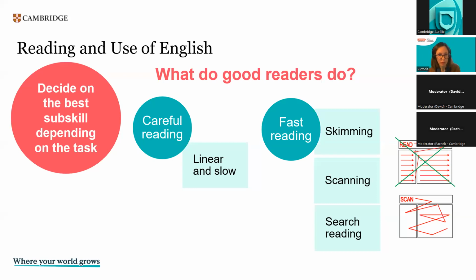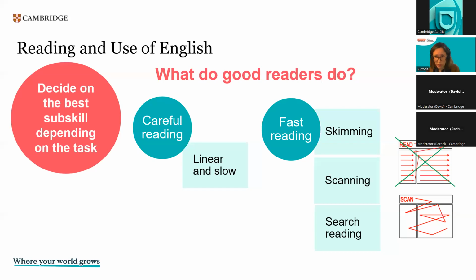When to use careful reading, which is linear, which is slow, which is going to give you an accurate idea of main ideas and supporting detail, and then also combine it with fast reading when necessary. So skimming: reading quickly to get a general idea of what the text is about.